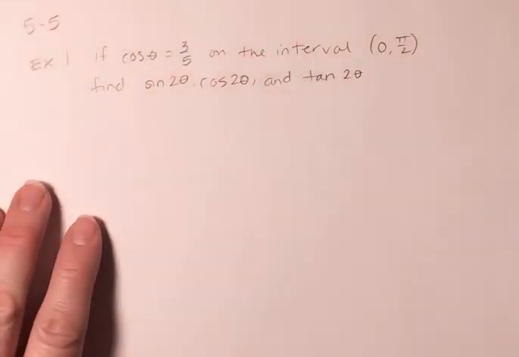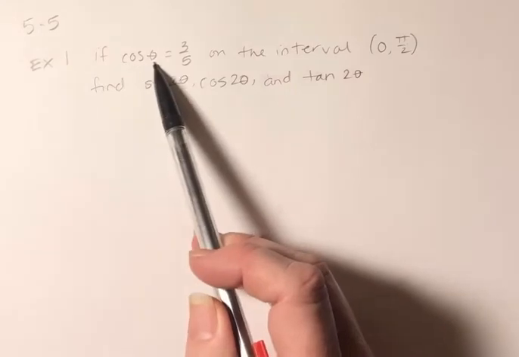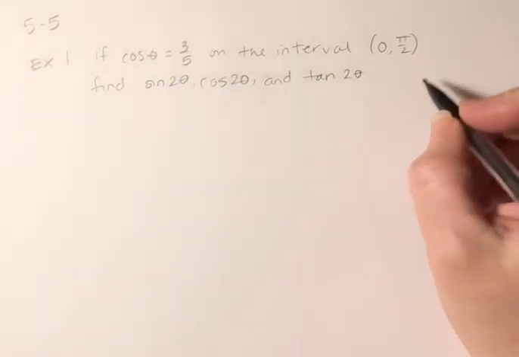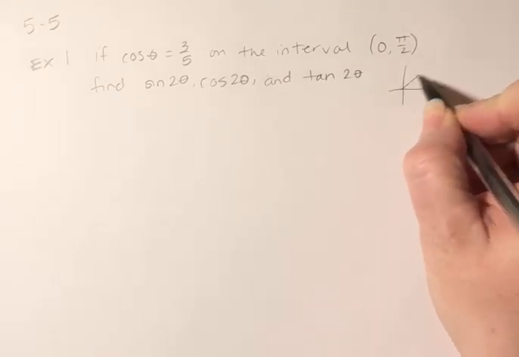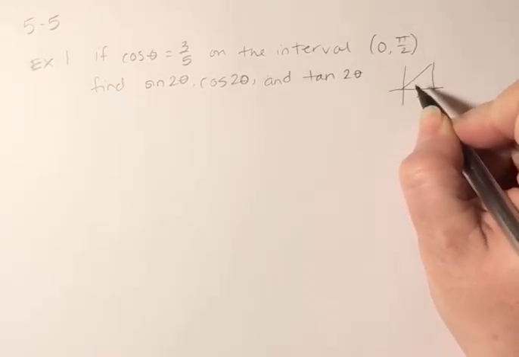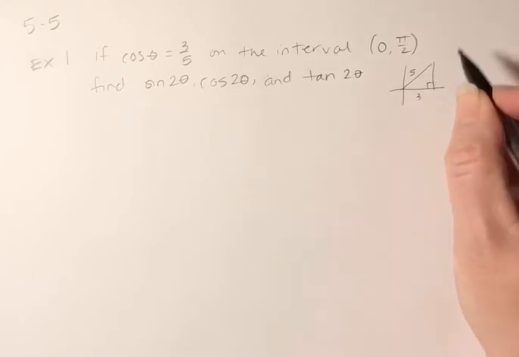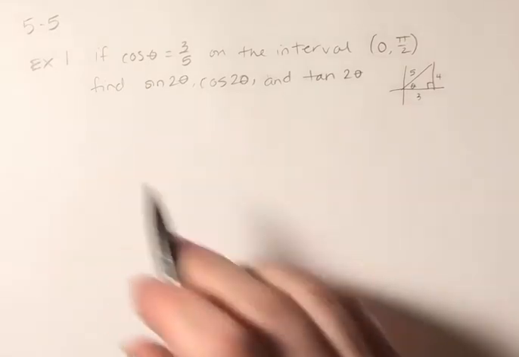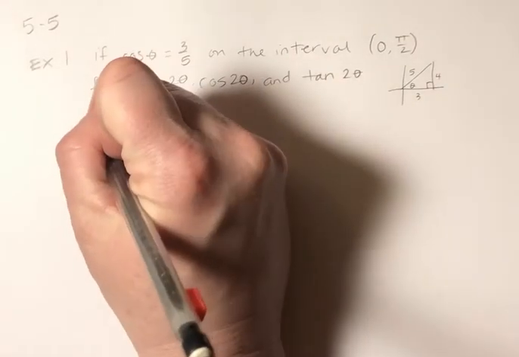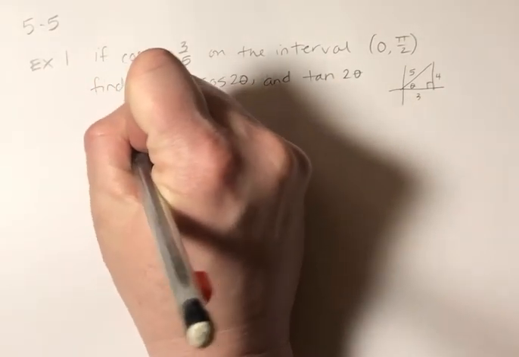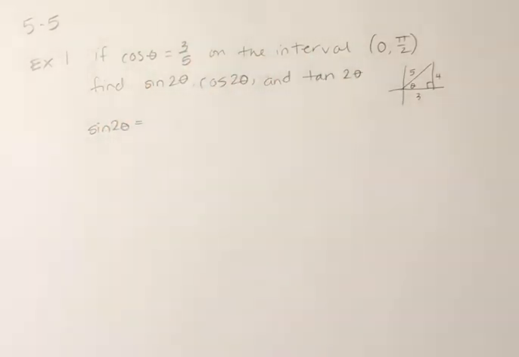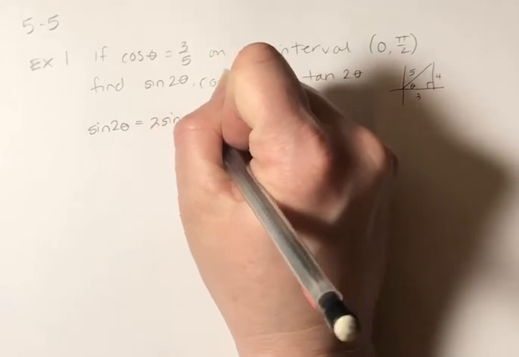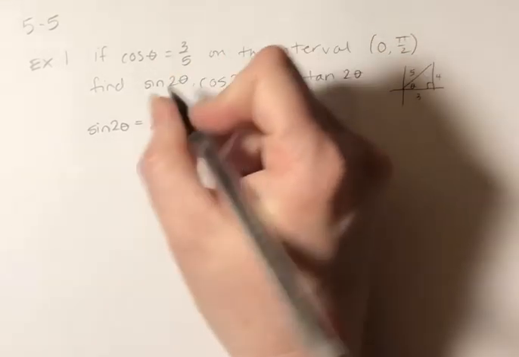So for example 1, it says if cosine of theta is equal to 3/5 on the interval 0 to pi halves. So that tells me that my angle is in quadrant 1, and if my cosine is 3/5, it makes this a 3, 4, 5 triangle. The first thing I'm going to do is find sine of 2 theta, and so it's equal to 2 times the sine of theta times the cosine of theta from the identity sheet.